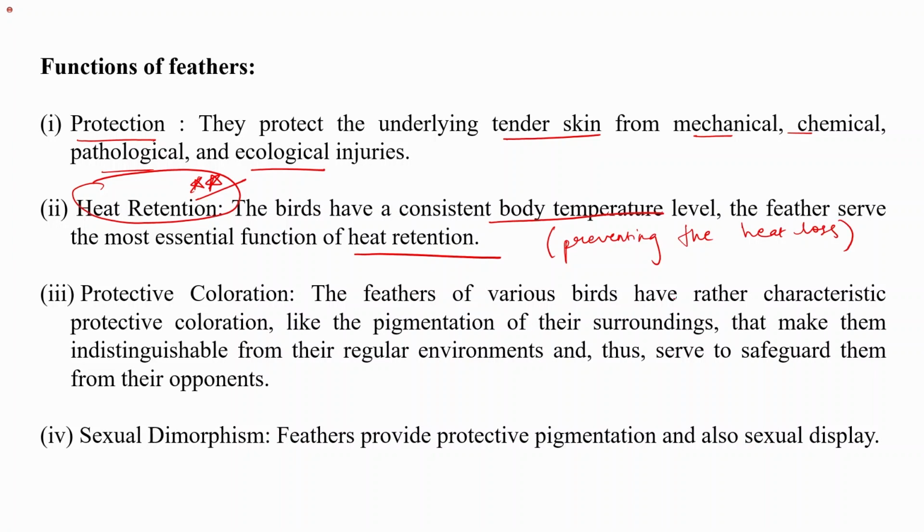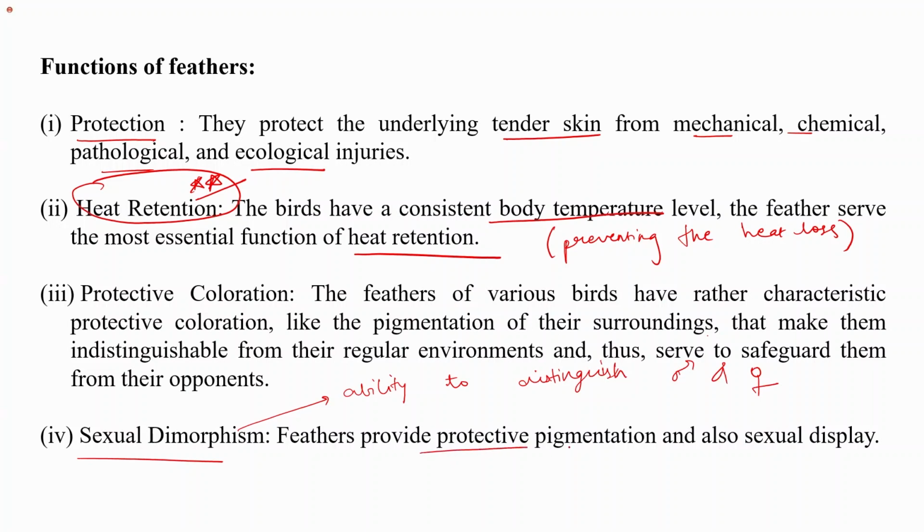Protective coloration. So feathers of various birds have rather characteristic protective coloration. That is, they have the pigmentation of their surroundings, therefore making them indistinguishable from the surrounding environment and thus protecting them from their opponents. Then sexual dimorphism. Dimorphism means the ability to distinguish male and female.